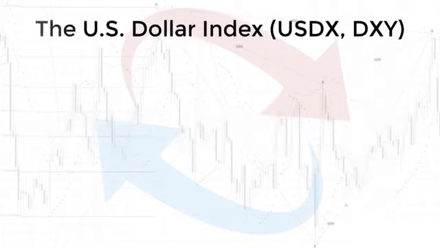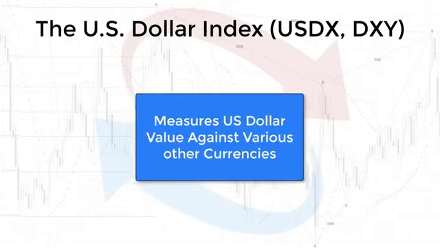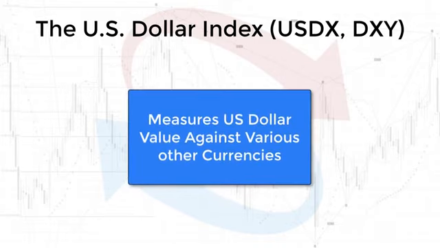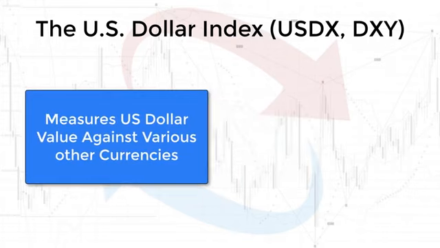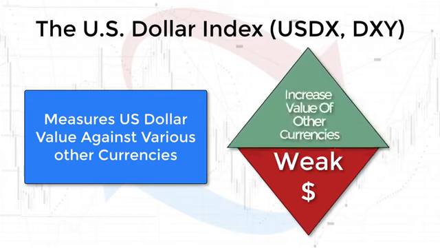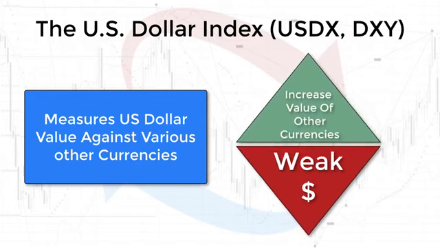The US dollar index is a measure of the value of the United States dollar relative to a basket of foreign currencies like the euro, Japanese yen, and the British pound. Most major markets are connected to the price of the US dollar. A falling dollar will increase the value of other countries' currencies, especially the euro.